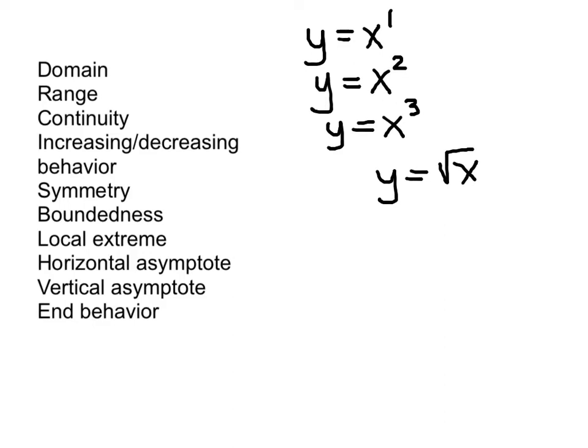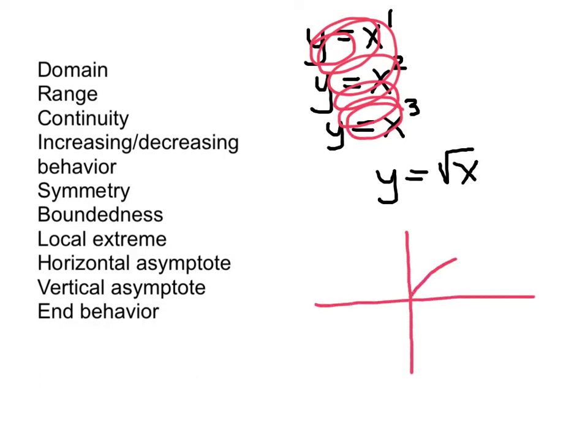So let's first take a look at this function y equals the square root of x. And I lost my eraser, so we're just going to look at y equals the square root of x. Its domain is from 0 to infinity. Its range is from 0 to infinity.